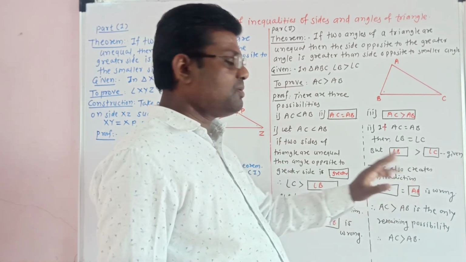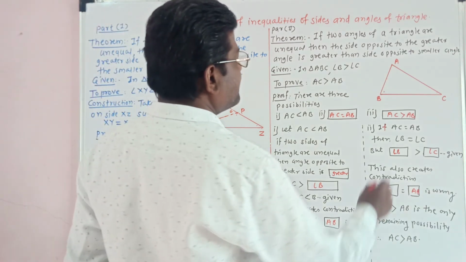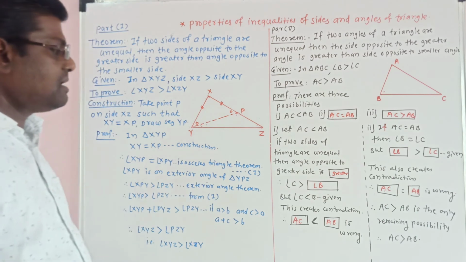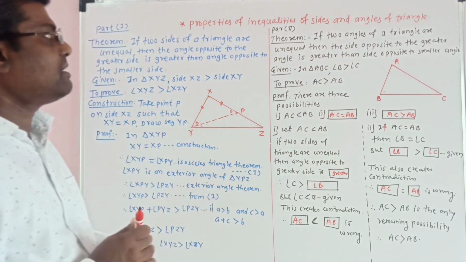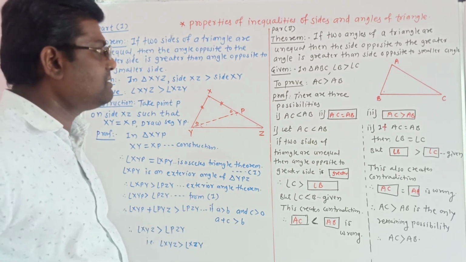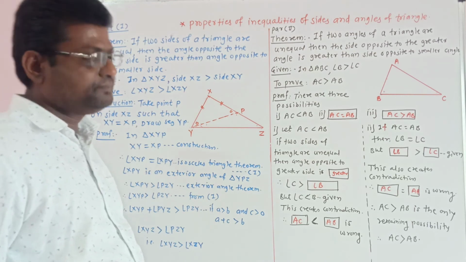Therefore AC equal to AB is also wrong. Therefore the remaining possibility, AC greater than AB, is correct. Therefore the theorem is: if two angles of a triangle are unequal, then the side opposite to the greater angle is greater than the side opposite to the smaller angle.